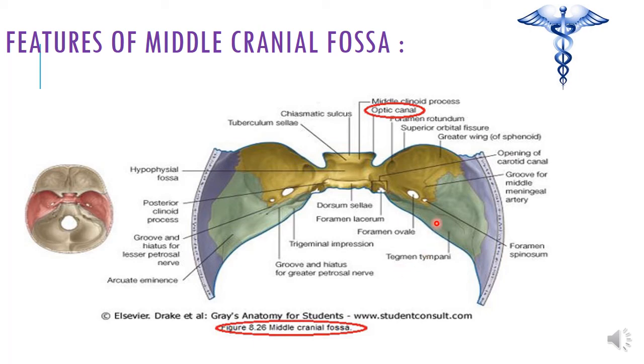Tegmen tympani forms the roof of the tympanic cavity, and this middle cranial fossa lodges the temporal lobe, right? So tegmen tympani prevents infection from the tympanic cavity from reaching the temporal lobe.